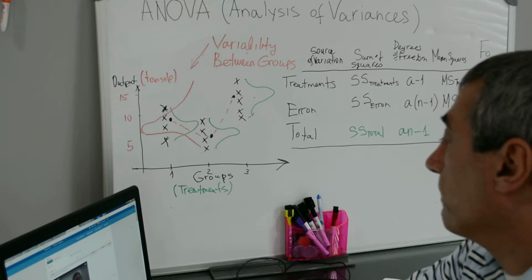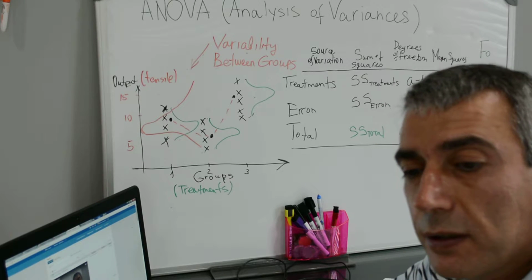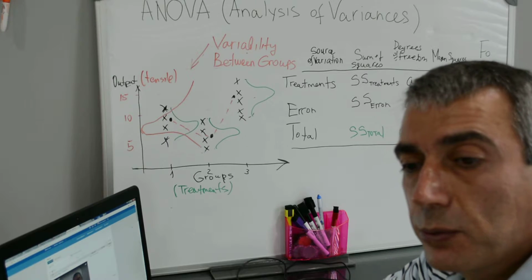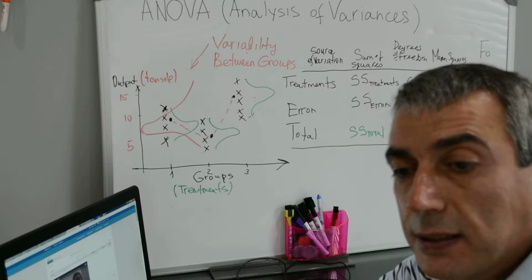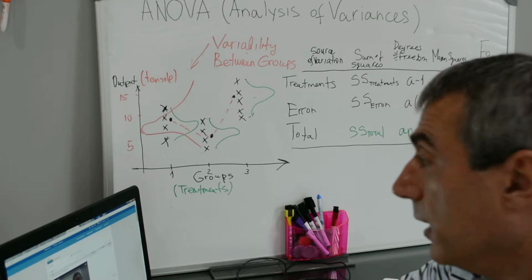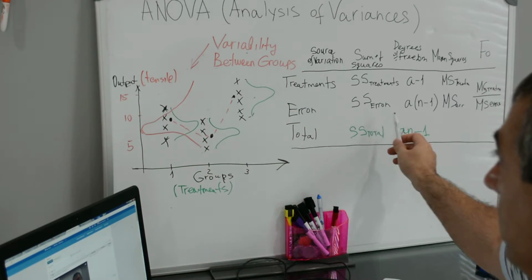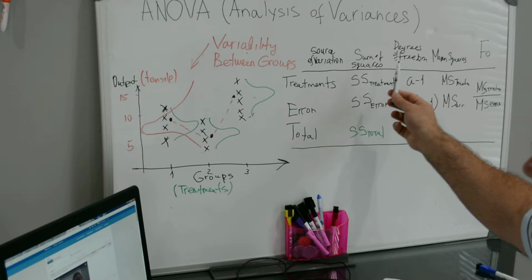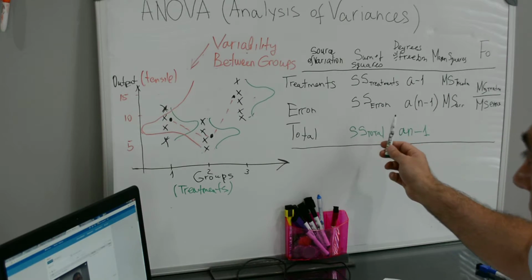First, the overall variation of all data included in the ANOVA test is split into variation between the groups, the treatments, and variation within the groups, which are mainly called sum of squares of treatments and sum of squares of errors.